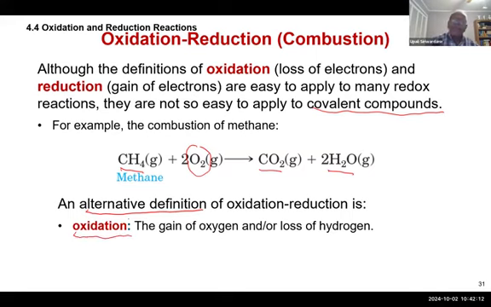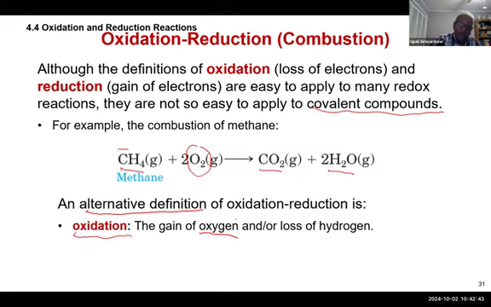Now, alternative description for loss of electron is gain of oxygen. When a compound gains oxygen, the carbon atom here gives electrons to oxygen.